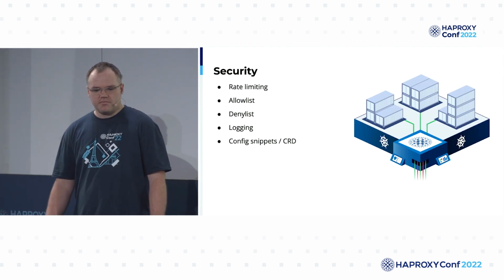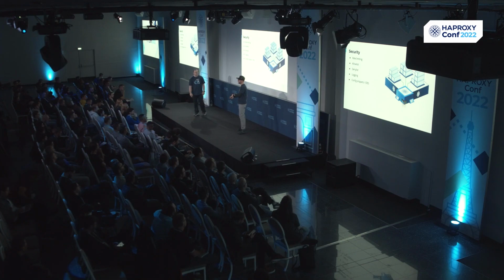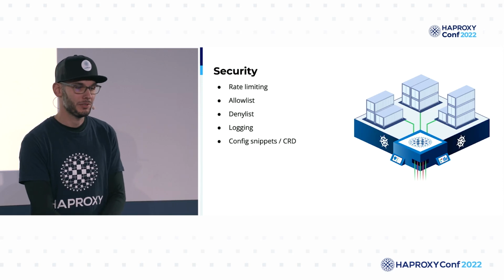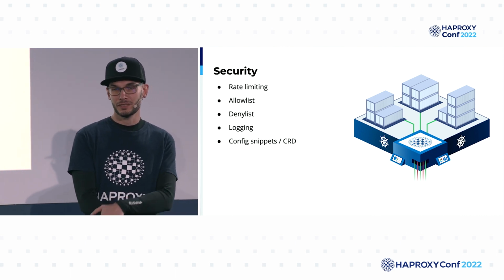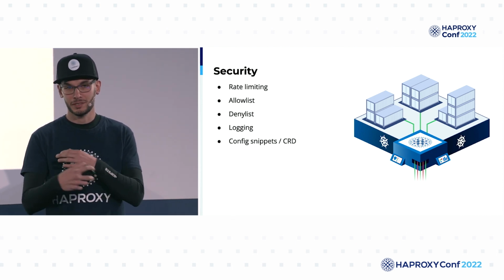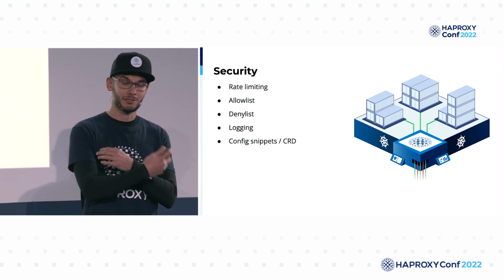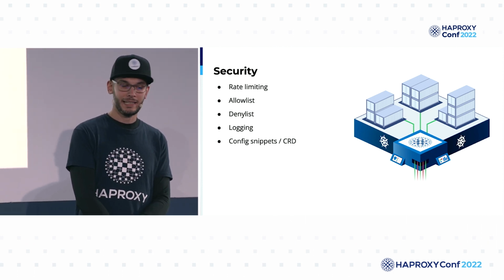Yeah, absolutely. Keep in mind that if you're using the Ingress API, it has some limitations, but with the Ingress controller you can specify some rate limiting options. You can also define allow and deny lists to perform a sort of ACL, and you can also increase the verbosity of the logging, so you can use the access log or also the Ingress controller logs to detect anomalies.